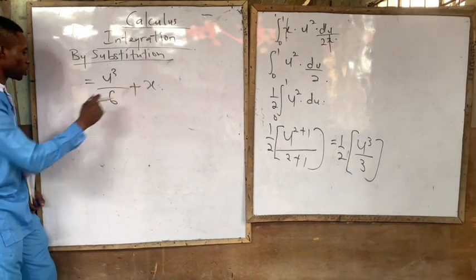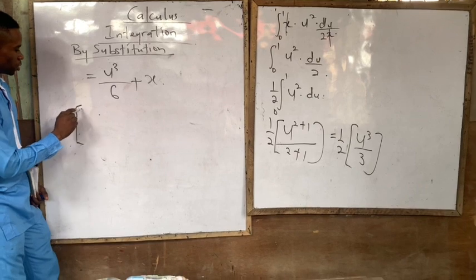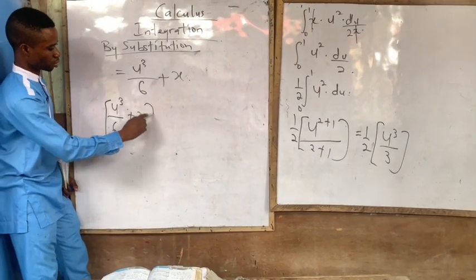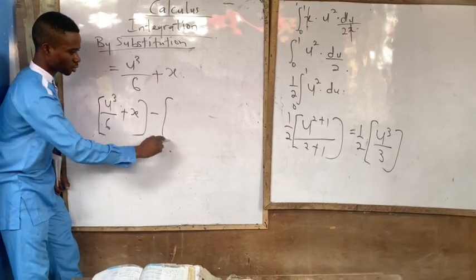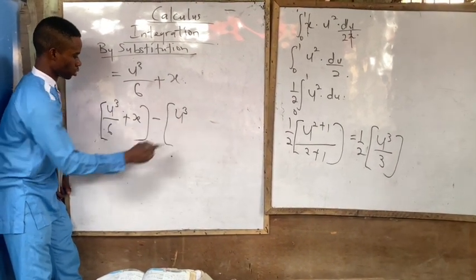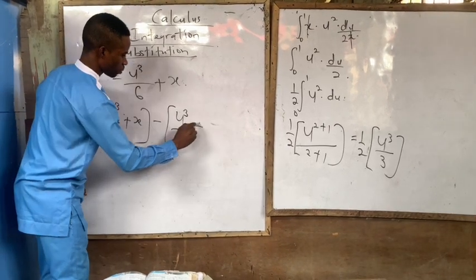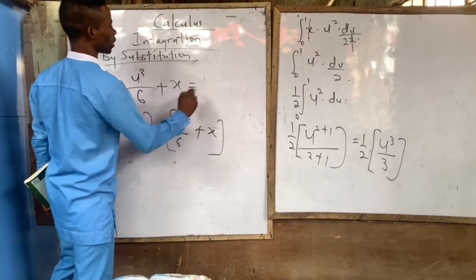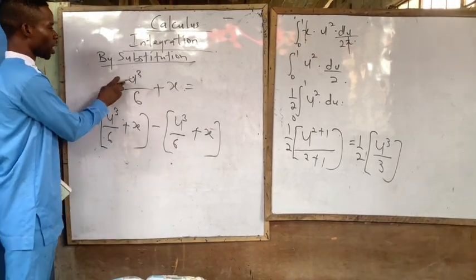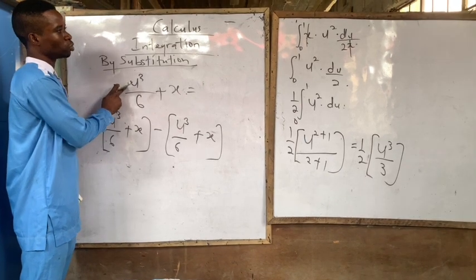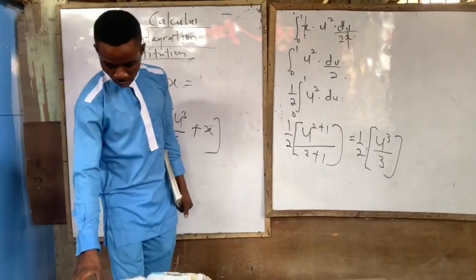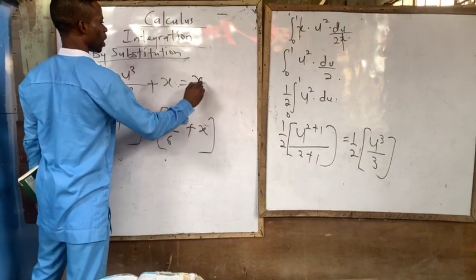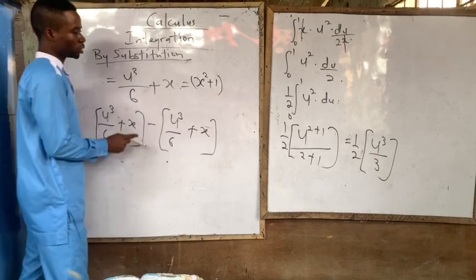Now this result you got, open two brackets for them: u cube all over 6, with the upper limit, minus u cube all over 6, with the lower limit. But mind you, you cannot just write your answer like this. Substitute the value back for this u. And what is the value given to us? It is x squared plus 1, because this is our u.